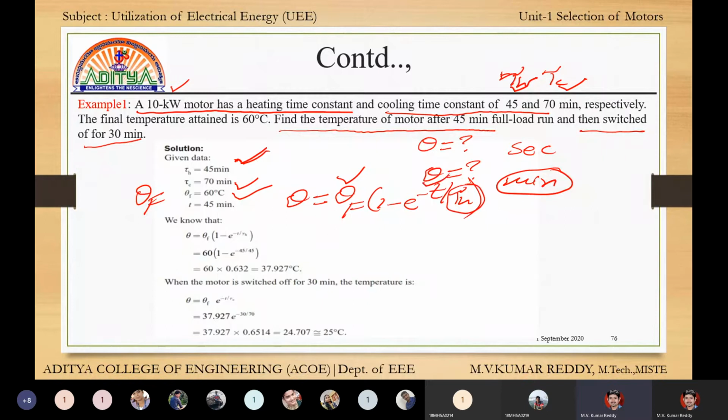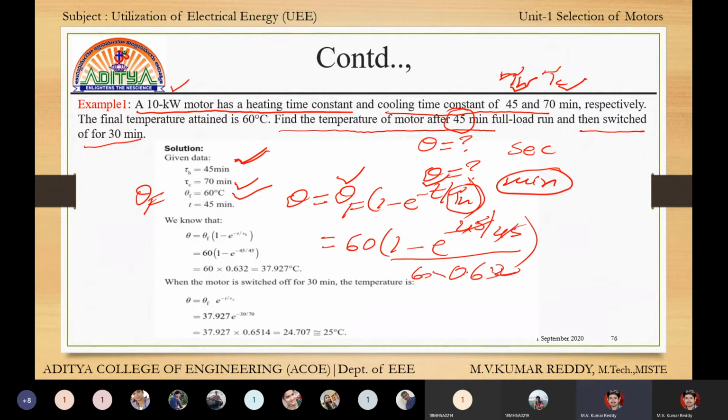We have to find the theta value. That is 60 into 1 minus e power minus 45 by 45, that is e power minus 1. That value is 0.632, so 0.632 into 60 is 37.927 degrees centigrade. That is the first one.